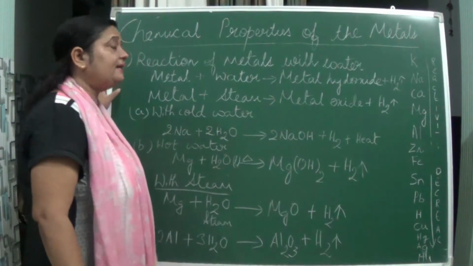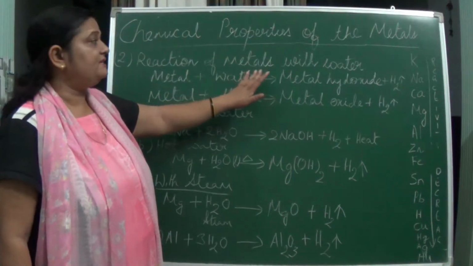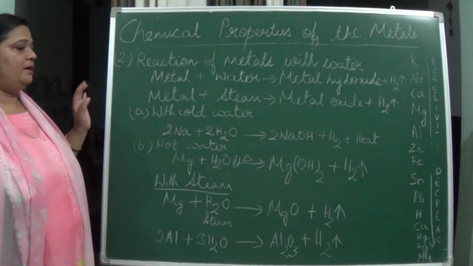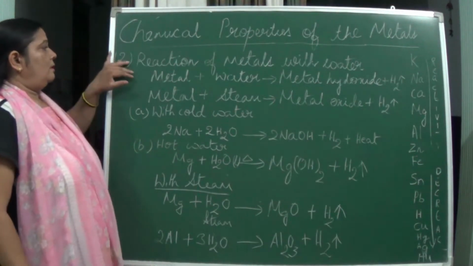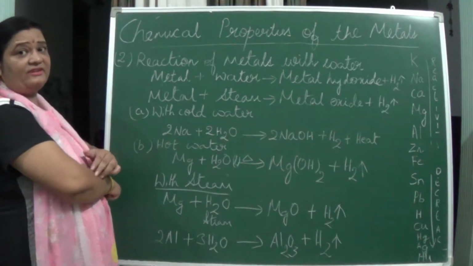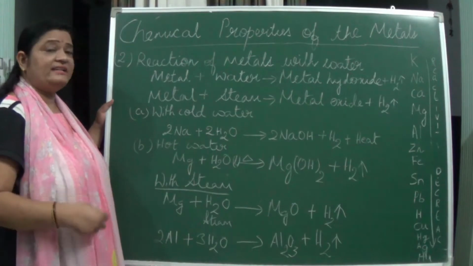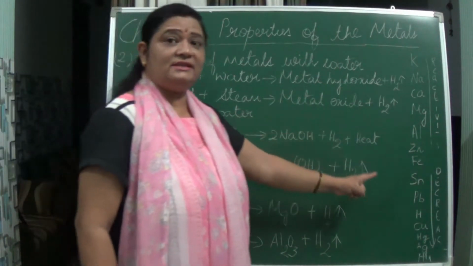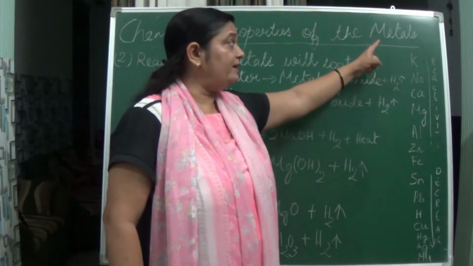Now we will be studying reactions of metals with water. First thing you must remember, whether it is air, water, or anything, the reactivity is according to the reactivity series. Which will be more reactive?